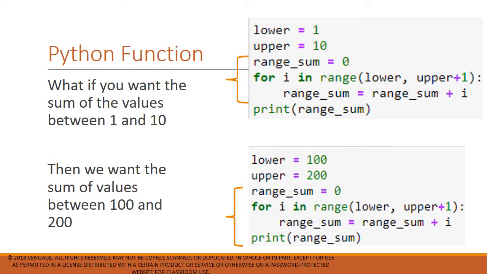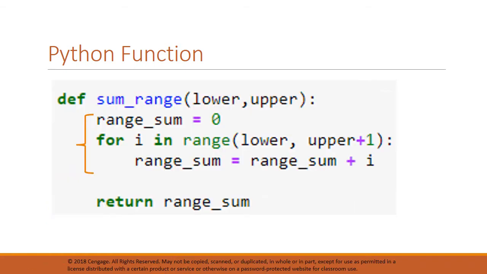Let's revisit our example of wanting to find the sum of integers between a lower and upper bound and show how defining a function will help us to eliminate code duplication. Here is an example of a function that will find the sum of a range of integers between a lower and an upper bound.